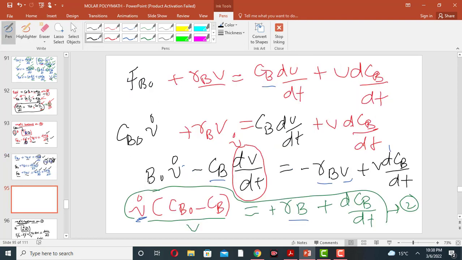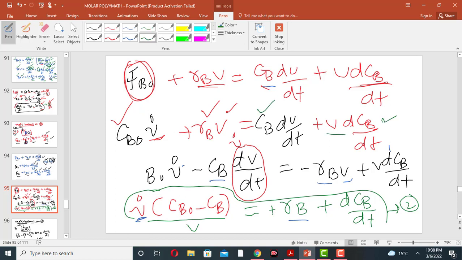Now this is the input, the generation, and these are the accumulation terms. So in place of B0 we will write CB0 into volumetric flow rate, because B0 is equal to the concentration of component B into the volumetric flow rate of component B. So this is the RB into V, and this is CB into dV by dt plus V into dCB by dt.